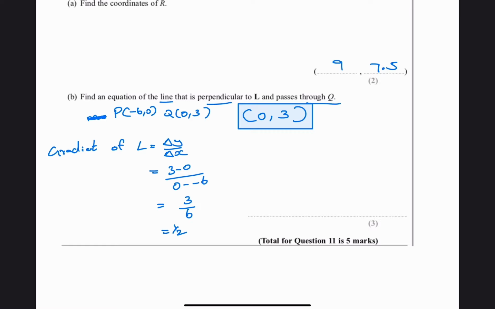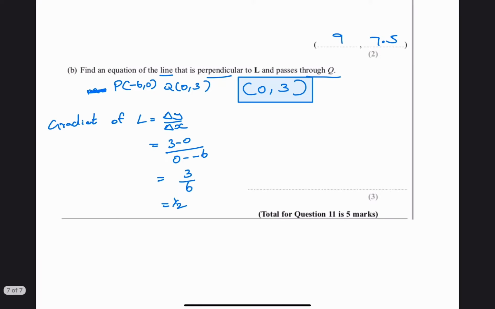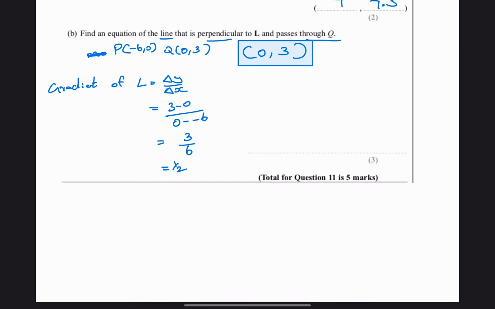So the gradient of L is a half, but we don't want the gradient of L. We want the perpendicular to L. So remember, it's a normal one. Because it's the equation of the normal, the gradient now becomes the negative reciprocal. It's positive, so this becomes negative. 1 over 2 becomes 2 over 1, which is basically 2. So minus 2. What's the common equation? Y equals mx plus c. Y equals, m is what?